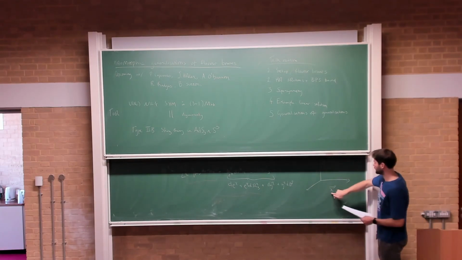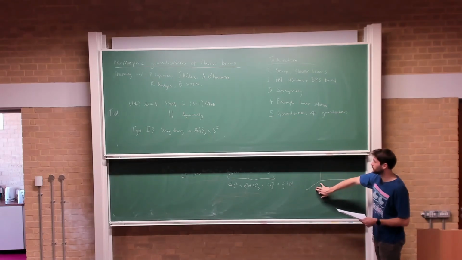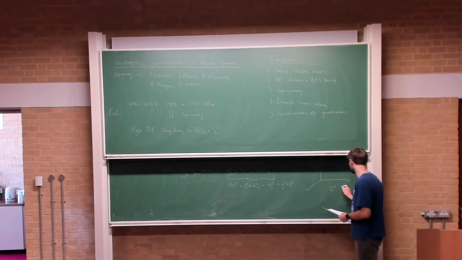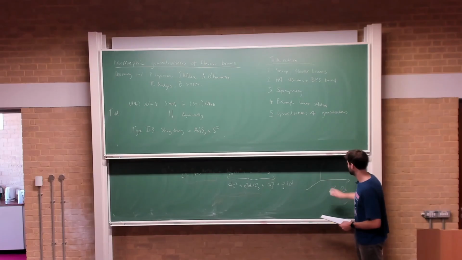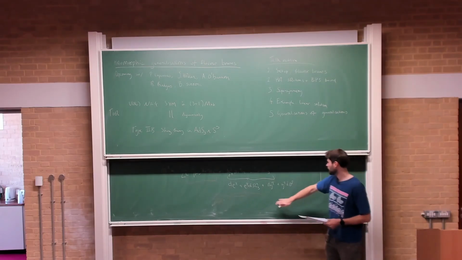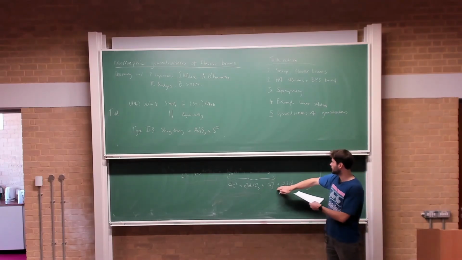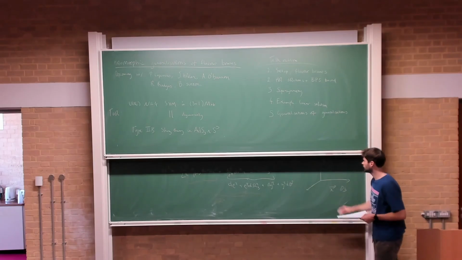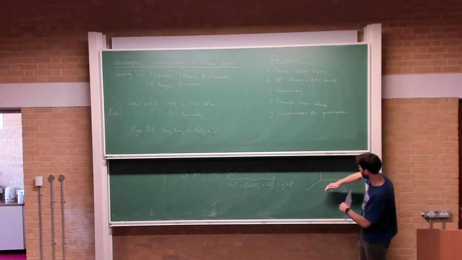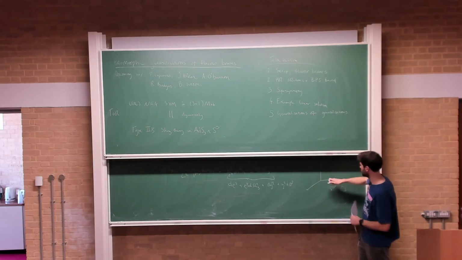So if we imagine this plane here is just the field theory directions where we say the D3 is living. And then in general, if the D7 brane is embedded at non-zero y, then we can imagine it is sticking up above the stack of D3 branes.